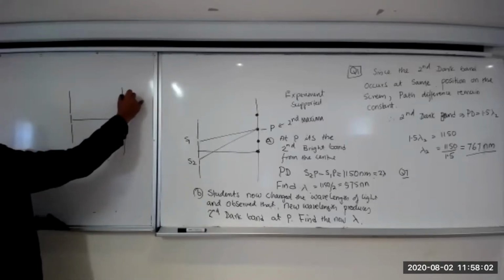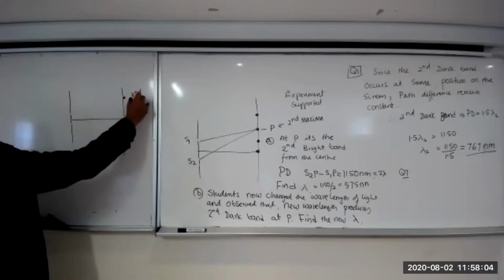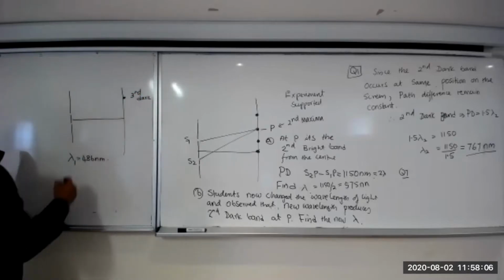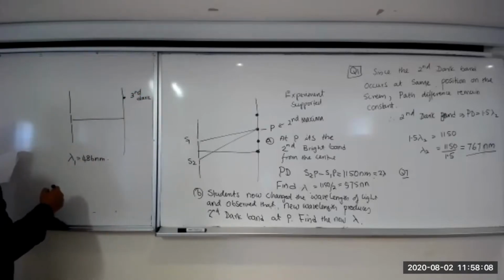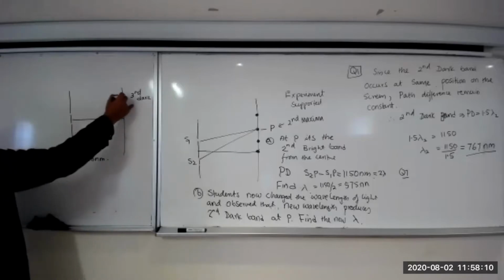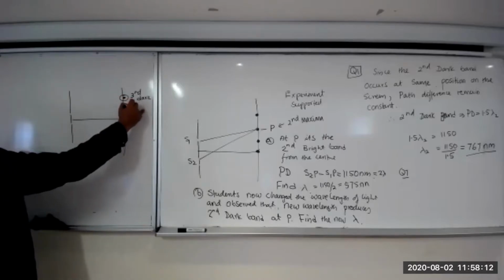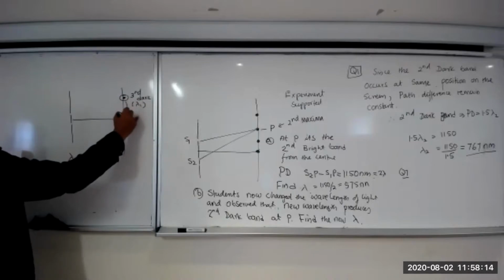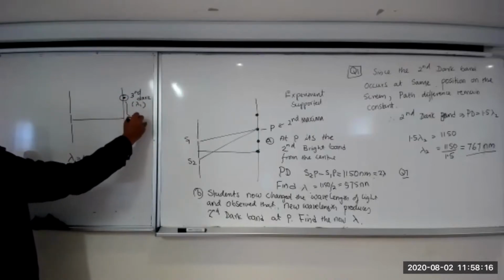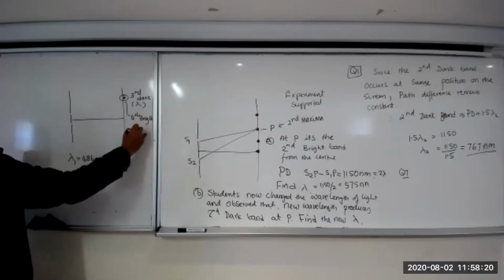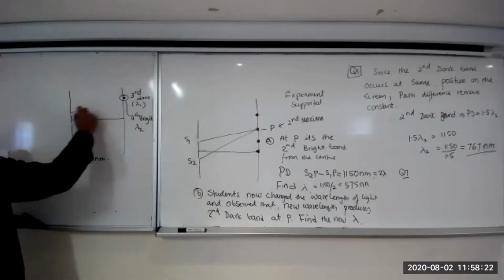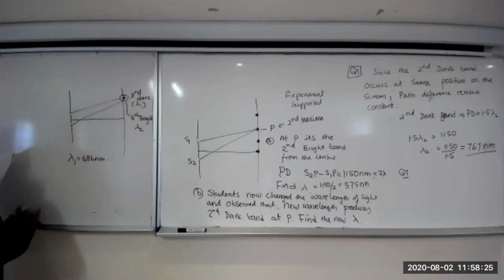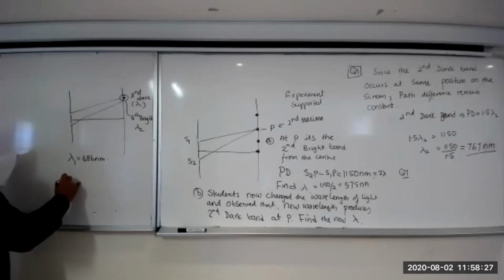The unknown wavelength produces the fourth bright, lambda 2. So you're basically saying path difference should be the same. Therefore, third dark means 2.5.